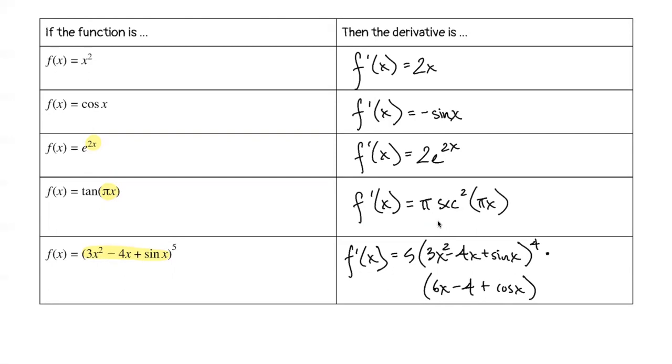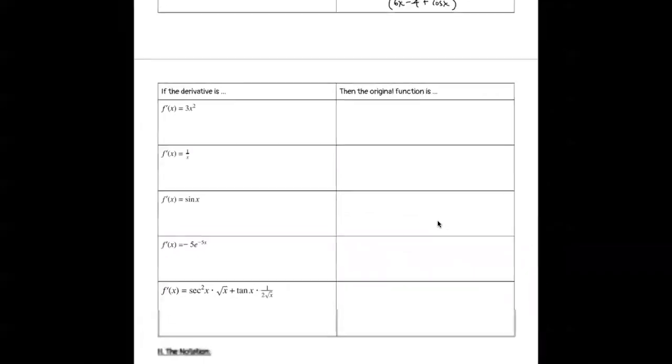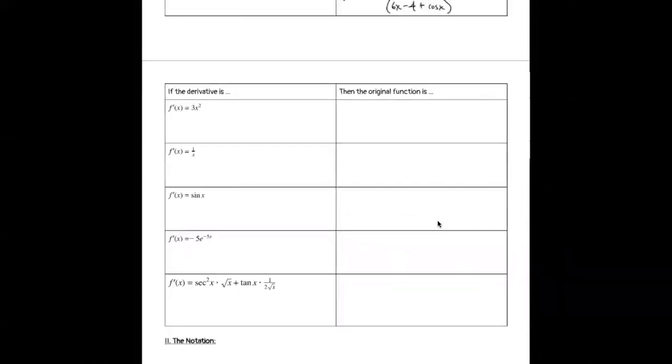All right. So because math is a delightful puzzle, let's switch the order in which we're asking the question. This time, I'm giving you the derivative. So I'm saying, here's a derivative. I want to know where it came from. All right, what was the original function? What was the OG function?